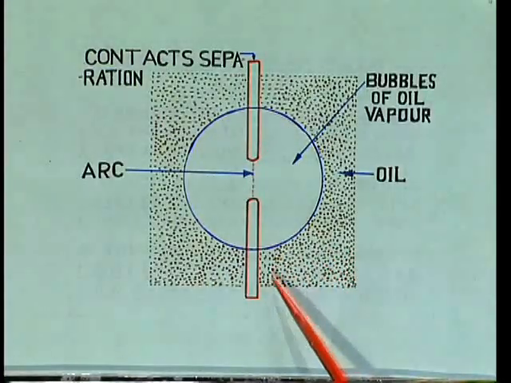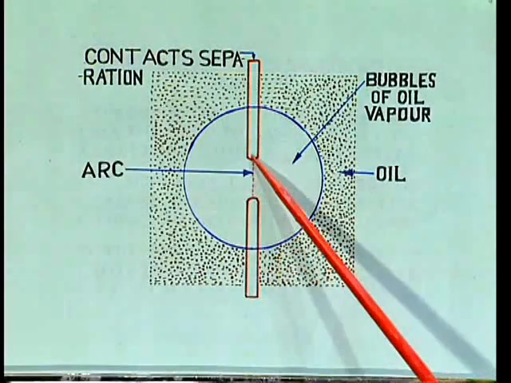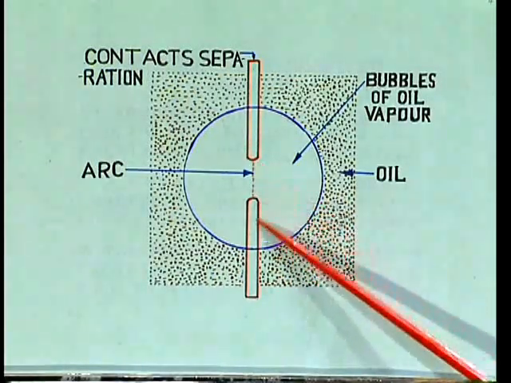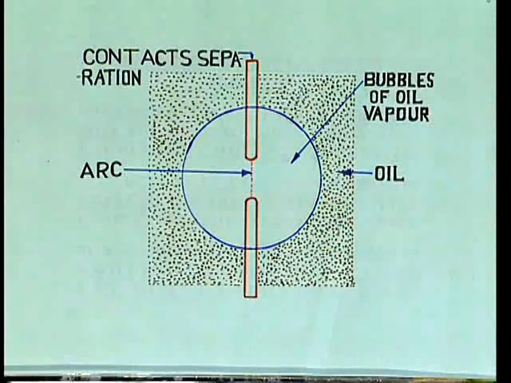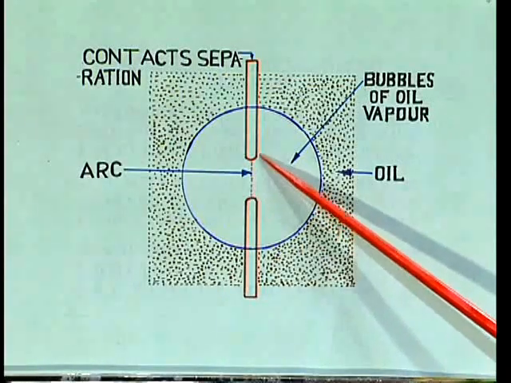Under normal working conditions, the two contacts are intact under the oil and the circuit current flows through the contacts of the circuit breaker. Whenever a short circuit occurs, the protective system separates the contacts like this.